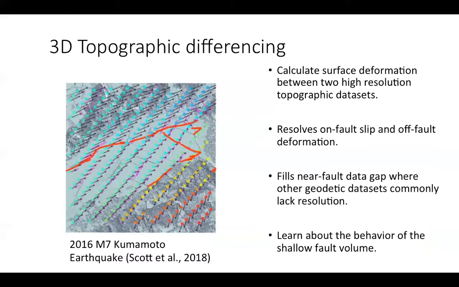And this data set fills a near-fault data gap where other geodetic data sets such as InSAR and GPS commonly lack spatial resolution. And so today the focus is about what we can learn about the behavior of the shallow fault volume. So how does slip propagate from depth to the surface?